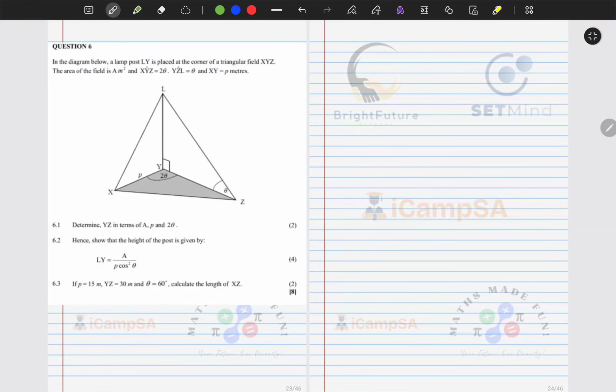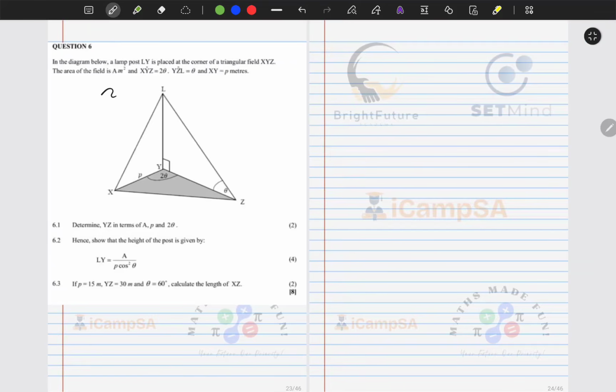Then the next question is question number 6, which reads: in the diagram below, a lamp post is placed at the corner of a triangular field, which is XYZ.